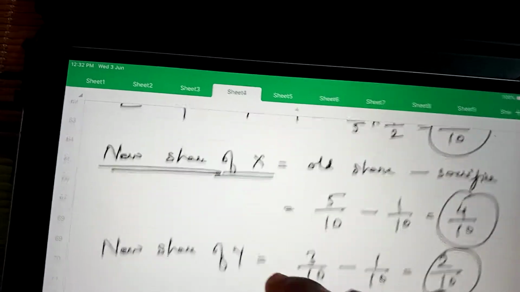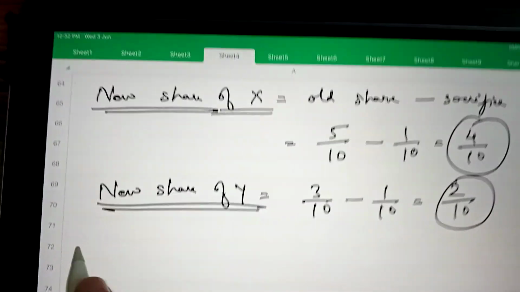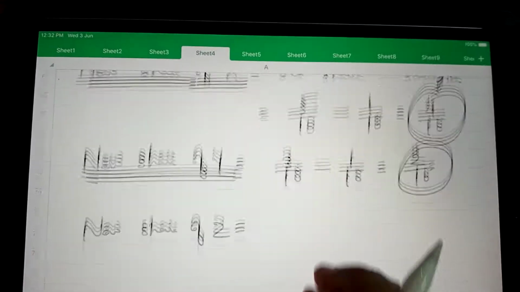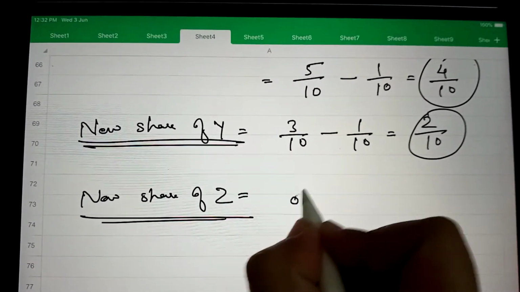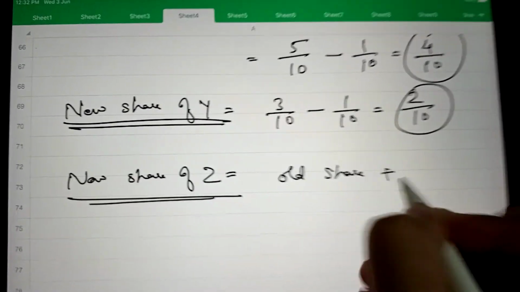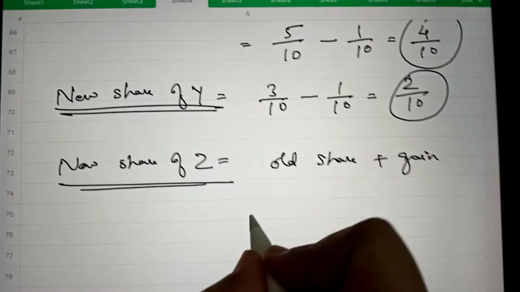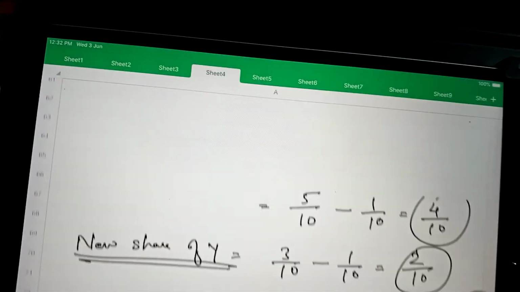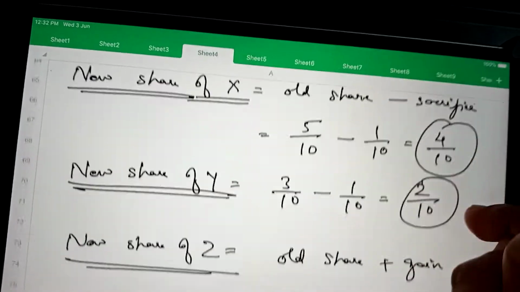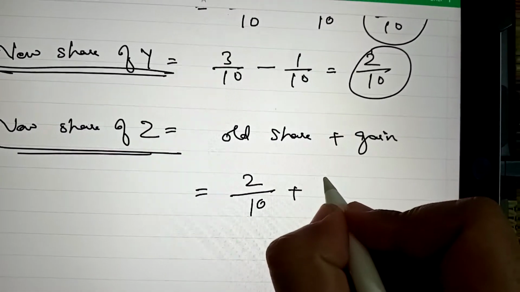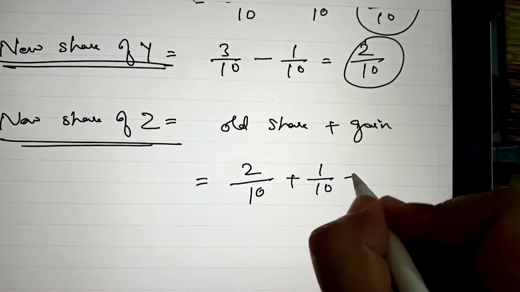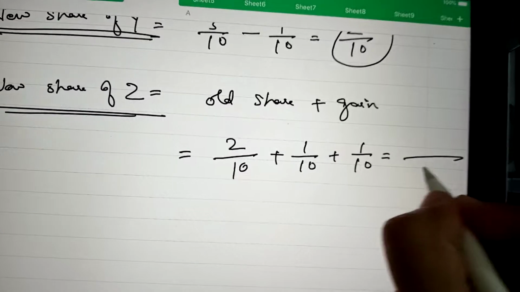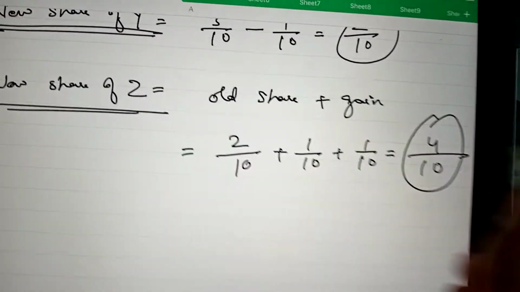And Z's new share is equal to old share plus gain. His old share is 2/10 and he gains 1/10 from X and 1/10 from Y. So his share is 4/10.